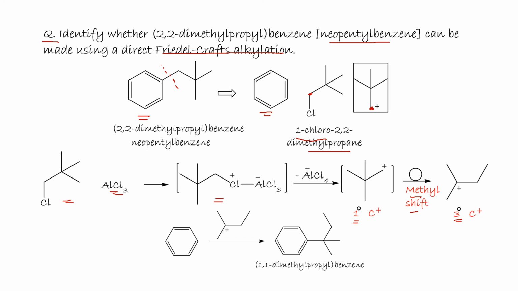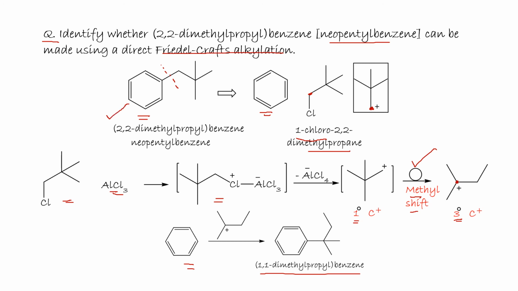So we are expecting this to occur. This is the formed tertiary carbocation, which reacts with benzene, and the product will be 1,1-dimethylpropylbenzene. It's not 2,2-dimethylpropylbenzene, but we need this compound.